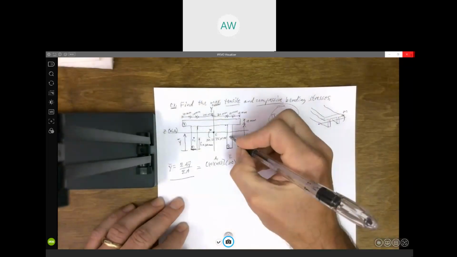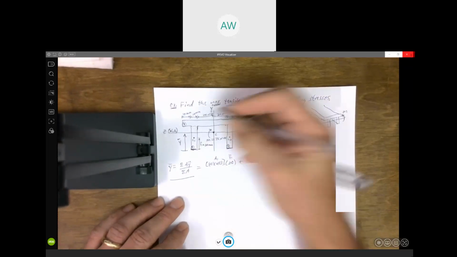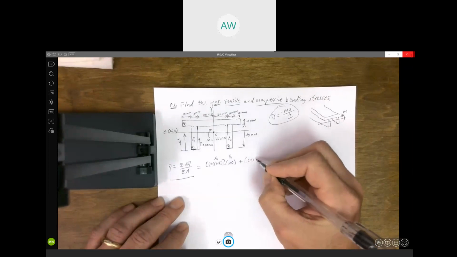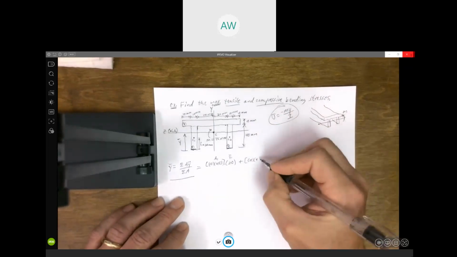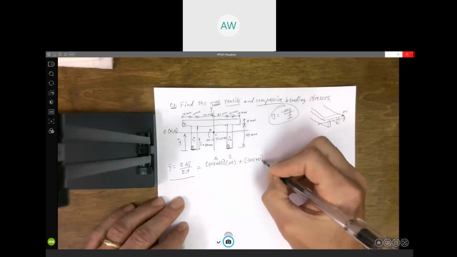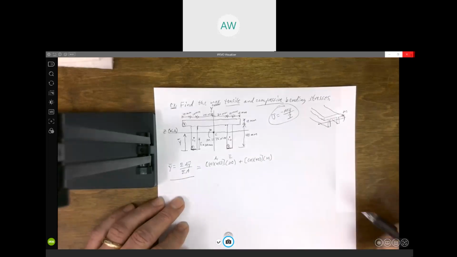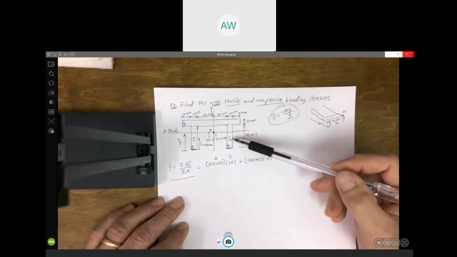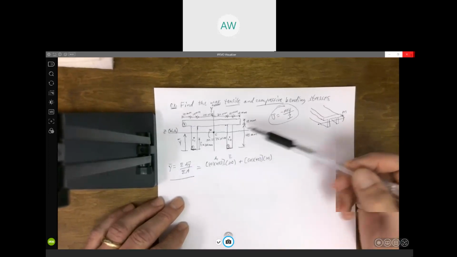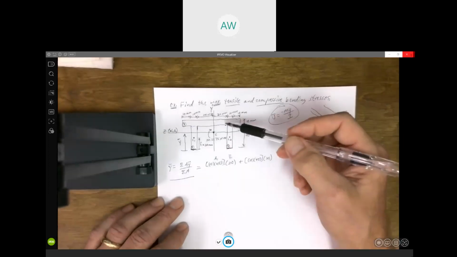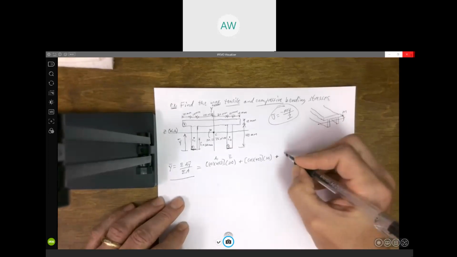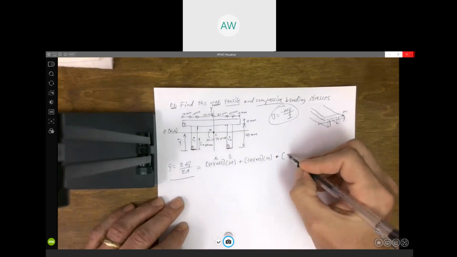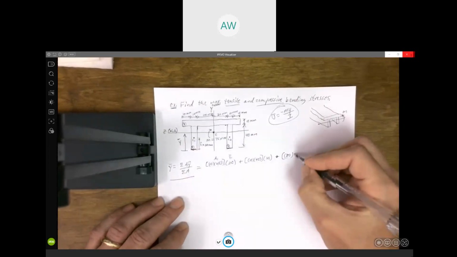Area 2 is identical to area 1, so we don't need to think about it; in fact, we could just multiply this by 2 if you wanted to. But area 2 is 10 by 40, and its centroid is 20 millimeters, half of 40, from the bottom. And then we've got area 3 up there, which is 10, 20, 40, it's 80 wide and 10 tall.